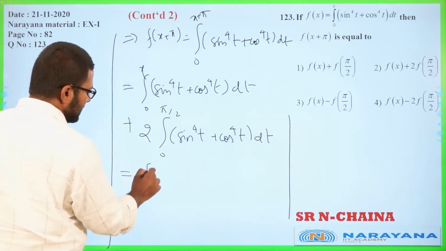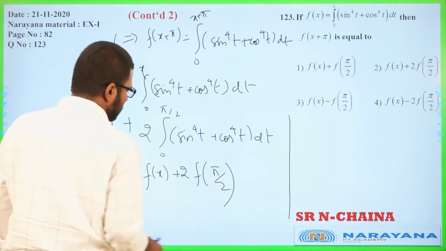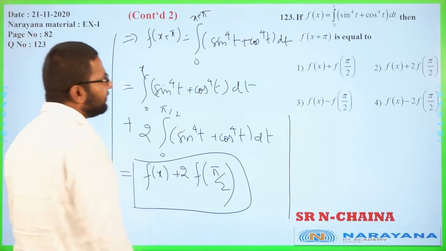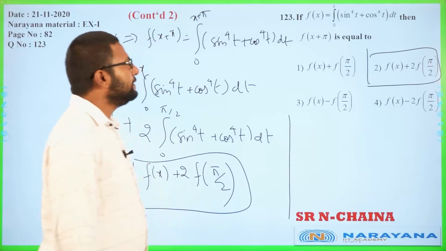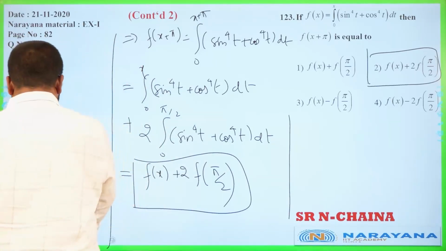So basically it is f(x) plus 2 times f of pi by 2. Got it? Yeah? All right, let us proceed.